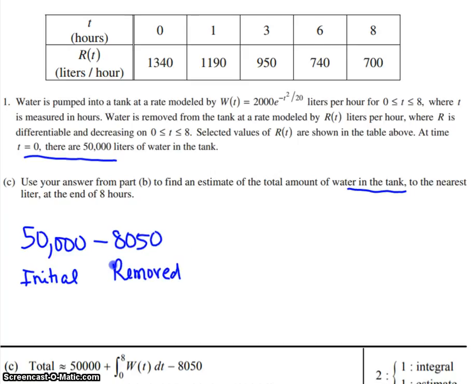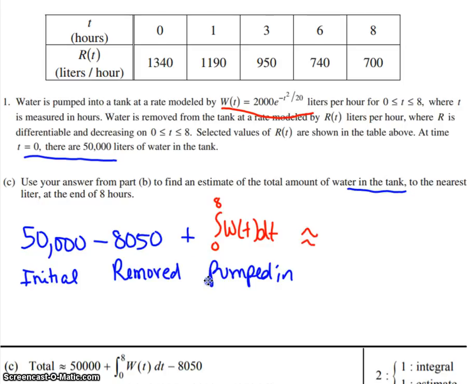But now we have to figure out how much was added, how much was pumped in. I do have an equation for the rate of the water being pumped in, which is W of t, which we'll have to integrate from 0 to 8. Remember that this is a calculator problem, so that makes our life a lot easier. When you integrate W of t from 0 to 8, you should get 7,836.19.